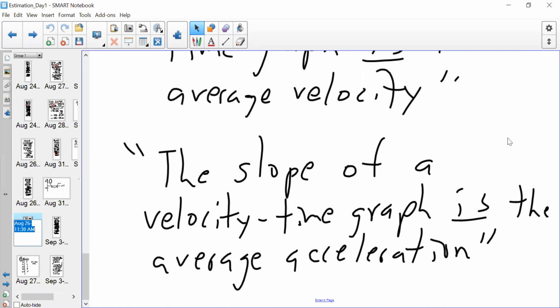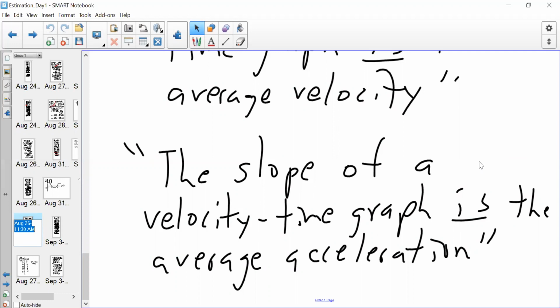Average, basically, because we're looking at the final points minus the initial points. That's your average. But in real life, you're not always cruising along on the street. Sometimes you speed up, sometimes you slow down, sometimes you go at a constant speed. So in those instances, you have what is called instantaneous velocity, or even in some cases, instantaneous acceleration, but we won't deal with that explicitly in this class.